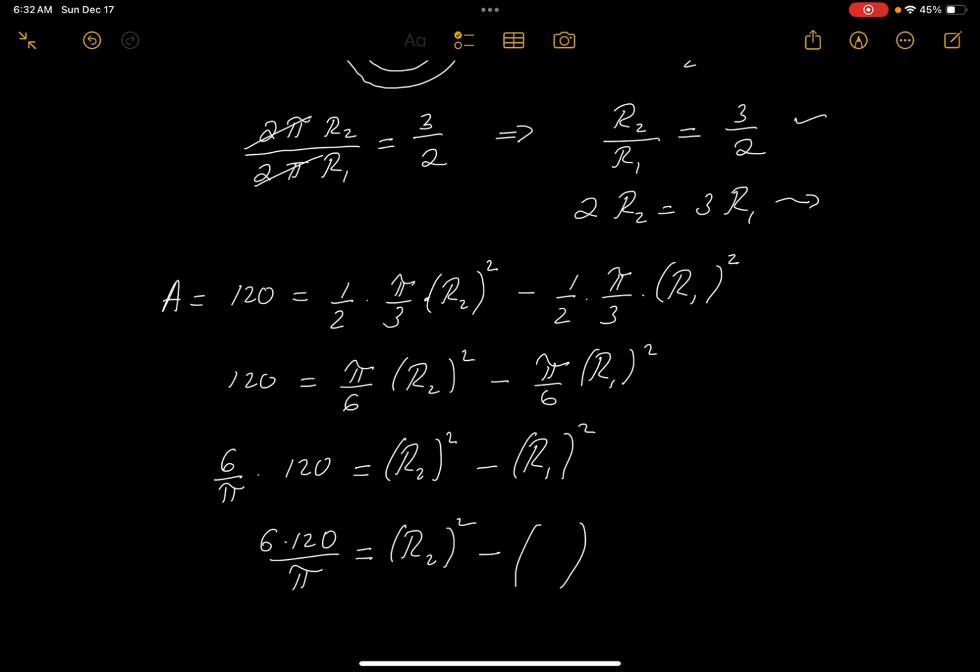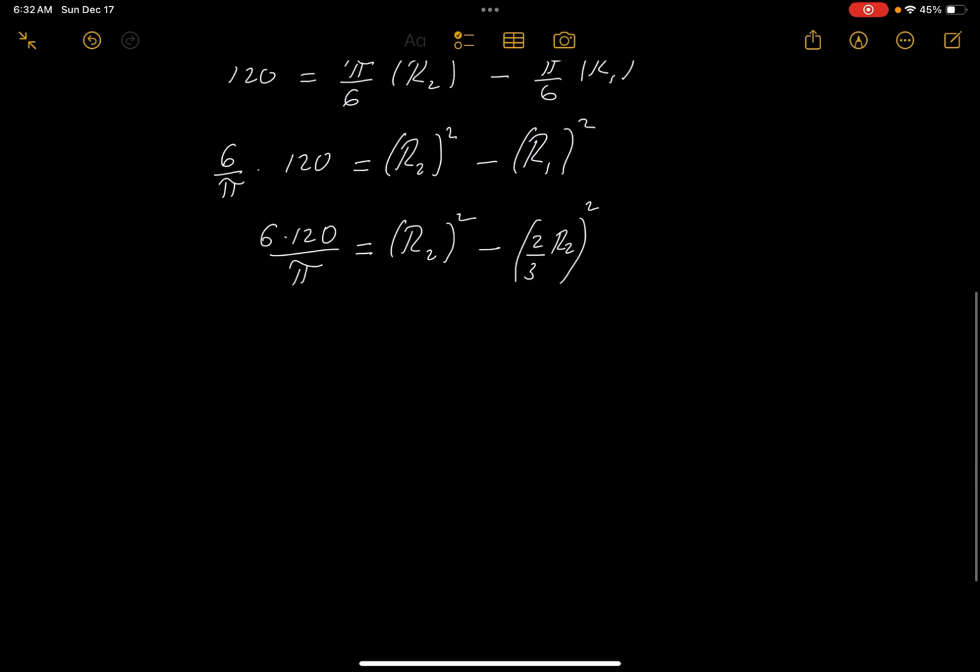R1 equals 2/3 of R2, and that's squared. So 6 times 120 over pi equals R2 squared minus 4 R2 squared over 9, common denominator of 9.